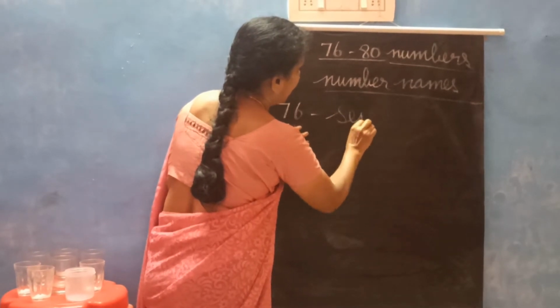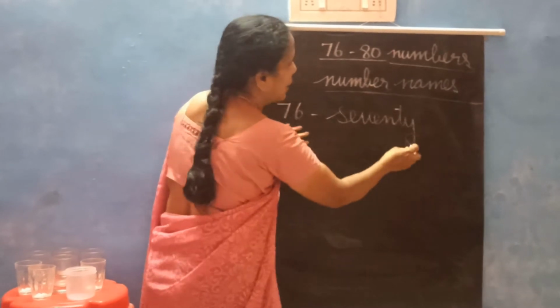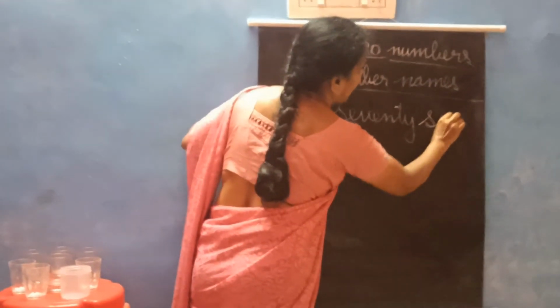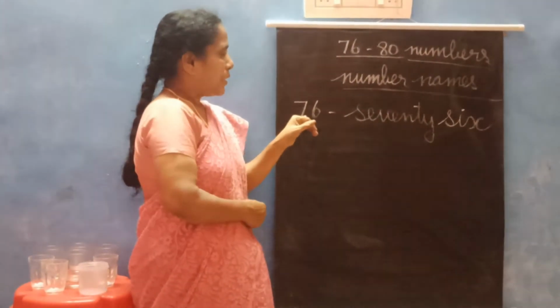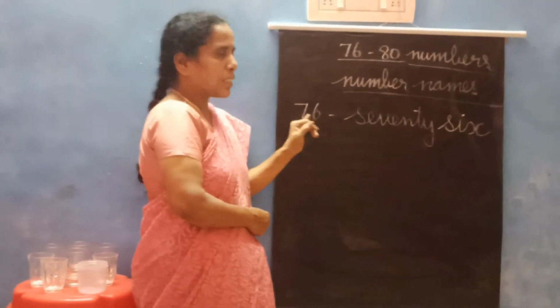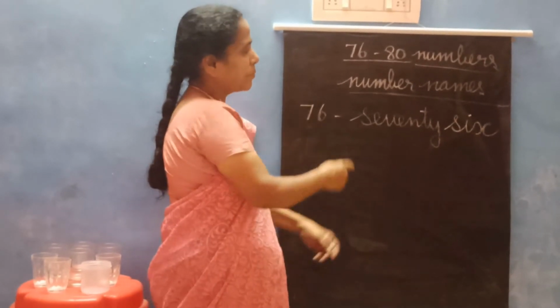Seventy-six. Seventy, six, 76. Again you all tell: 7 tens, 6 ones, 76.